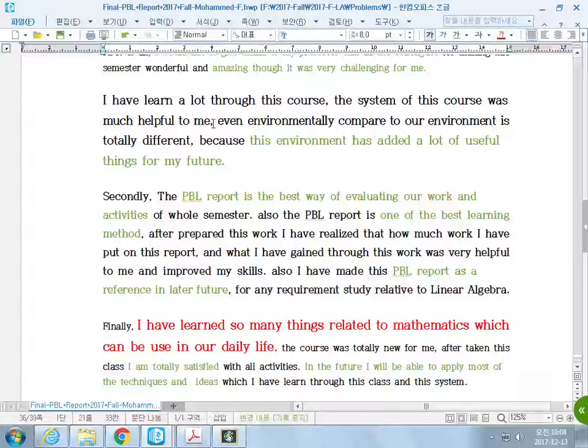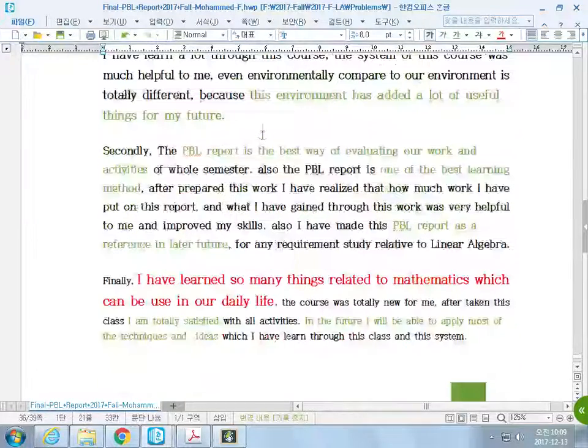Compared to my environment, for example, the education I had compared to this education, it was a new experience for me, especially the flipped class also. In your country, because our lectures can be recorded like this, you can go back. It depends on the school.